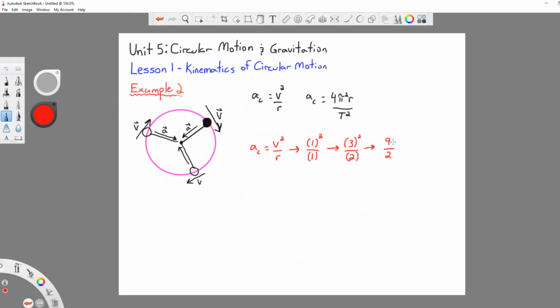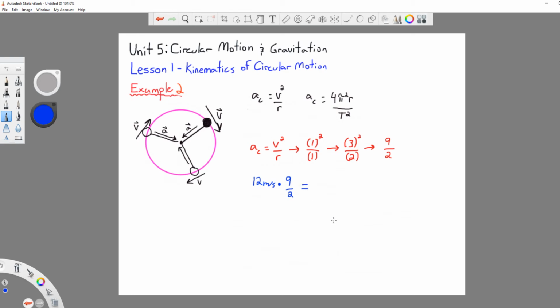All right. In the beginning portion of this question, it said the centripetal acceleration of an object is 12 meters per second. So initially, we had 12 meters per second, and we changed it by these values, so we're going to manipulate it by the ratio of 9 divided by 2.